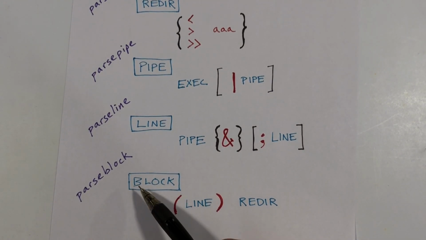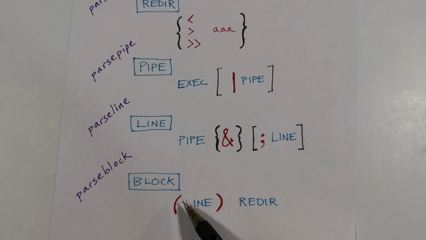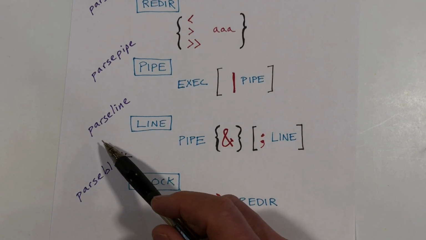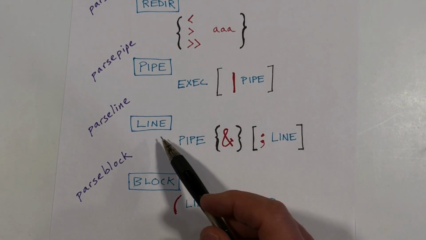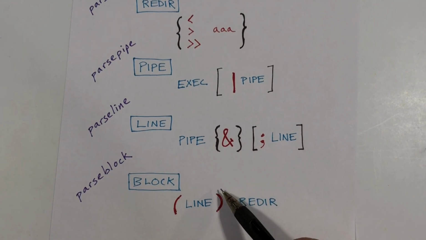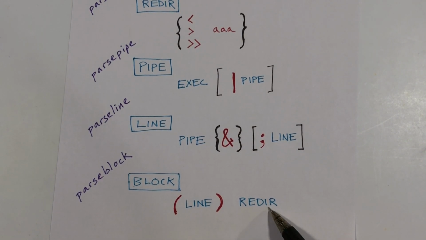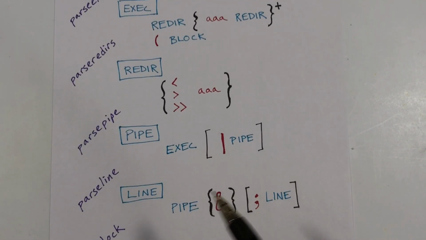What this function, ParseBlock, will do is read in a left parenthesis, and then it will recursively call the function that parses a line. That's right here. And let's not worry about what a line is, but after that has been parsed, it will then scan a right parenthesis, and then it will call the function that parses the redirections, which is parse redirects.